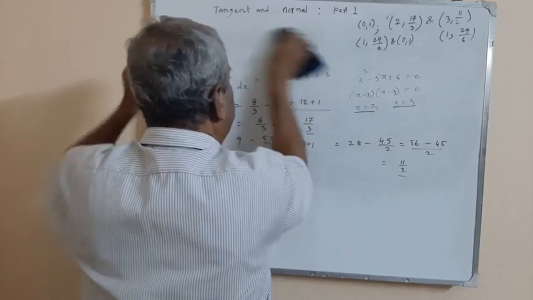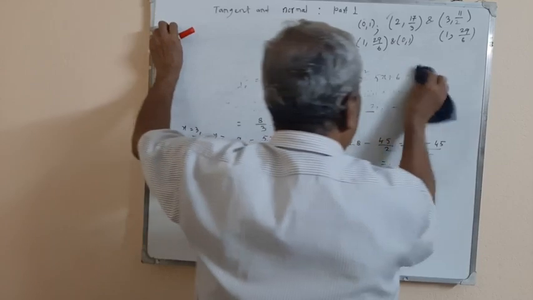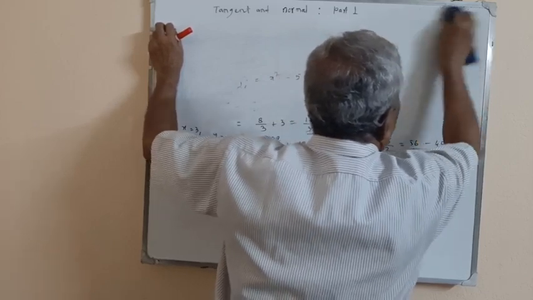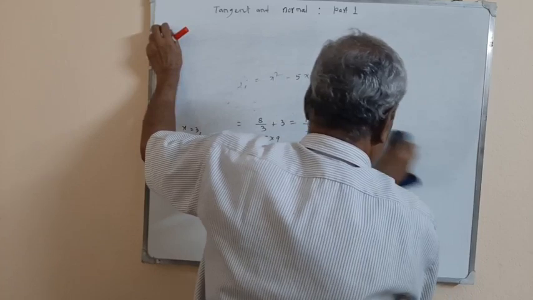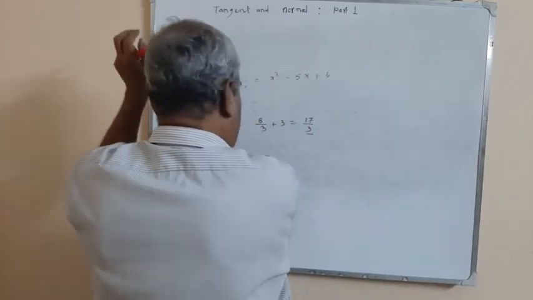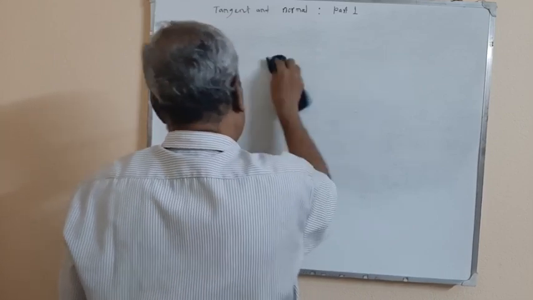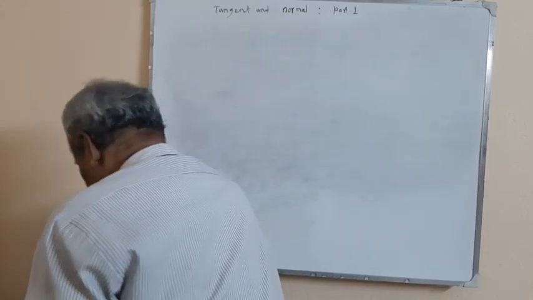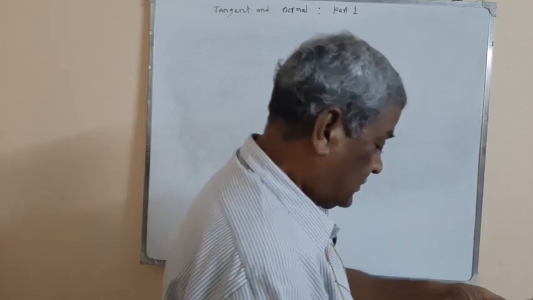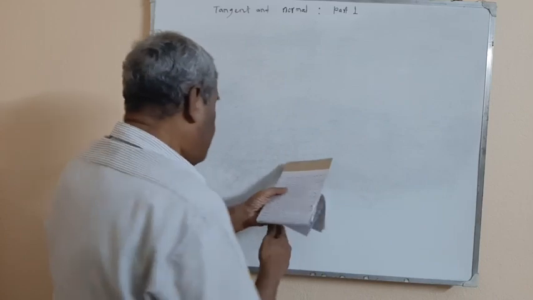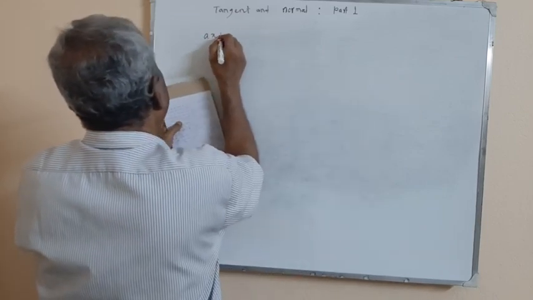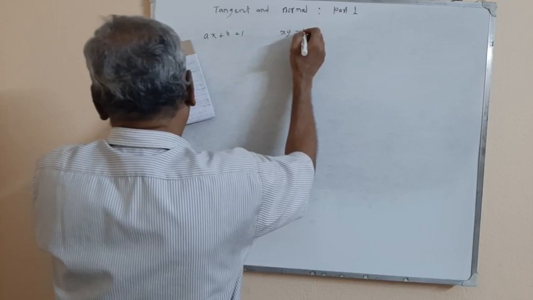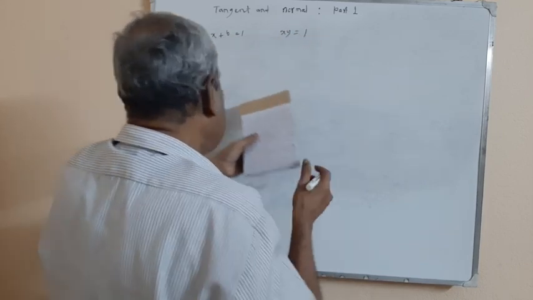Now our next problem. Next problem is, if ax plus by is equal to 1 is a normal of xy is equal to 1, then which one is correct?